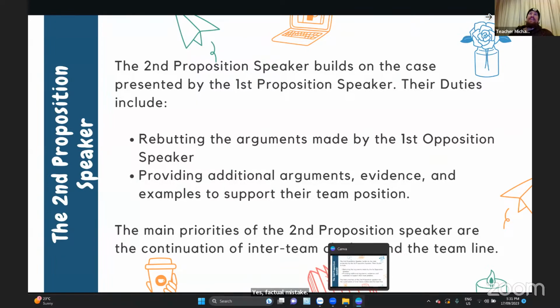If you realize you've made a factual mistake, the best thing you can do is apologize and correct yourself. As long as you're still within that 4 minutes, you can make corrections to your speech. And again, you won't be marked down if you do make that correction. So if you do make a factual mistake, admit it, apologize, correct it, and keep going with your speech.